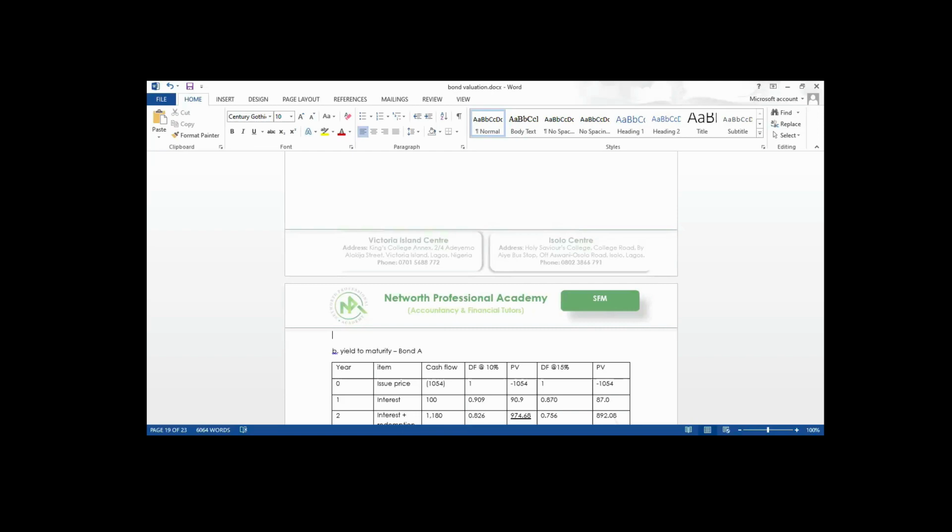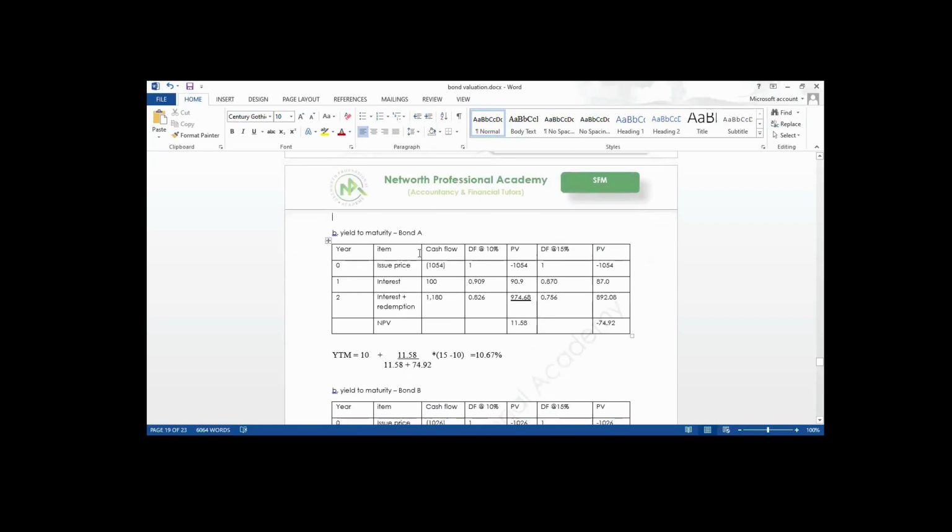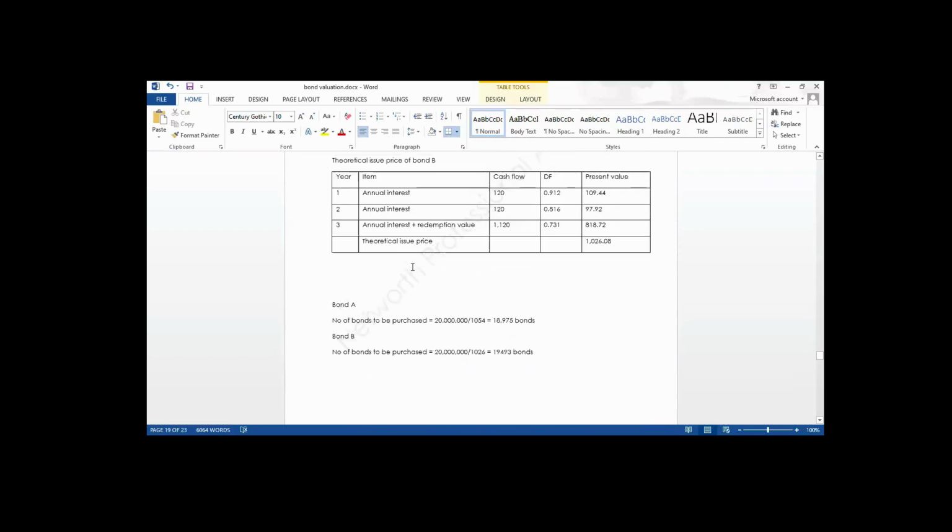Now you are going to calculate in the same manner. What do you need to do? Let's use bond A. You are going to open your schedule the same way we do. Remember, you want to calculate internal rate of return. Bond A is for 2 years, from year 0 to year 2. Your items, the issue price. What is the issue price of bond A?